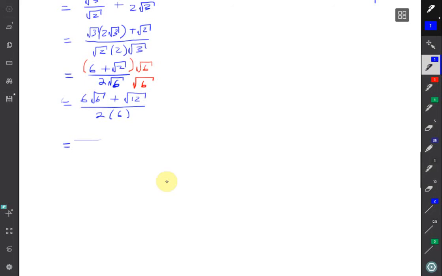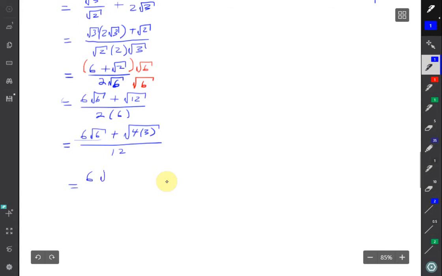Continuing on, we have now 6 root 6. And then I know that 12 can be written as 4 times 3. And 4 is a perfect square. In the denominator, I now have 12. That leaves me with 6 root 6 plus the square root of 4 is 2 root 3. And that's all over 12.